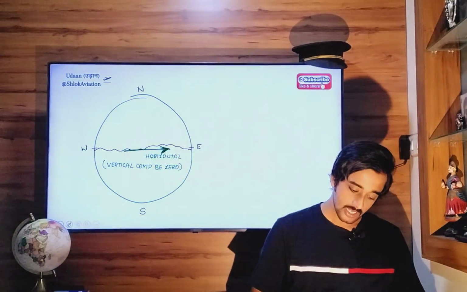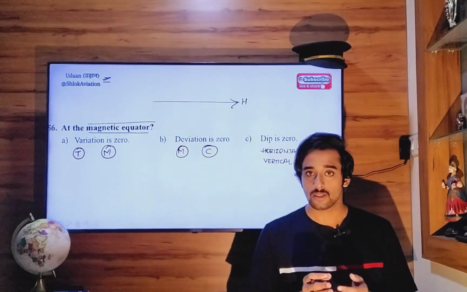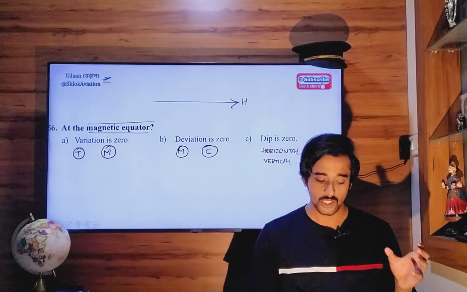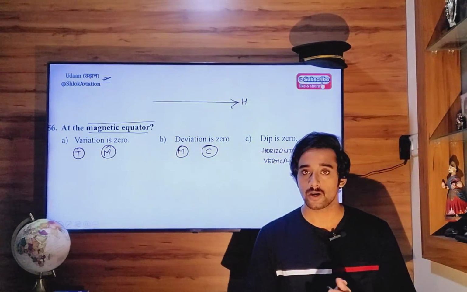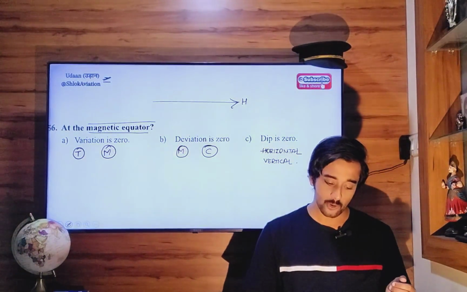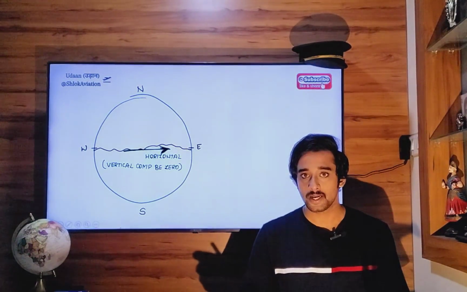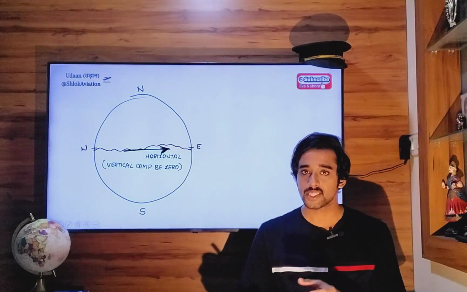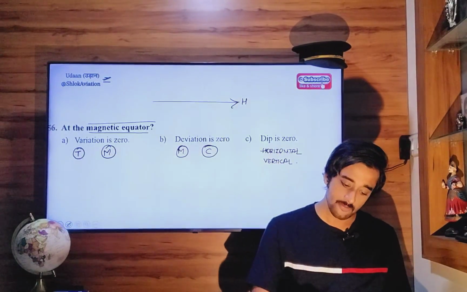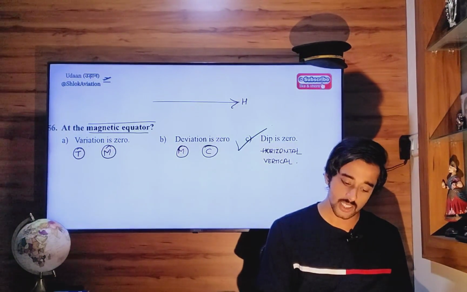Remember this. That's why the dip. Now, what is dip? Dip is an angle between horizontal component and vertical component. Now, if there is no vertical component at magnetic equator, that means there will be no angle formed. No angle formed means angle will be 0 degree. That's why we say dip is 0.